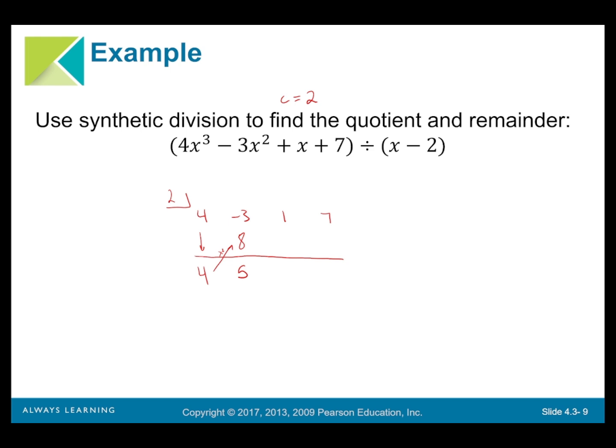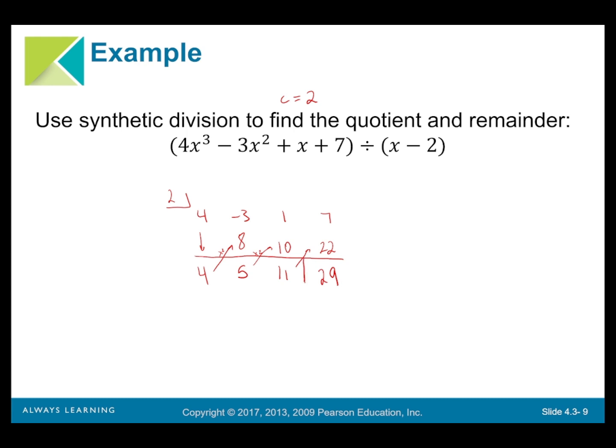Now I'm going to do that process again where I do 2 times 5, and I'm going to write it in the next position. And I add the 2, 1, and 10 gives me 11. Now one more time, 11 times 2 gives me 22, and 7 plus 22 gives me 29.